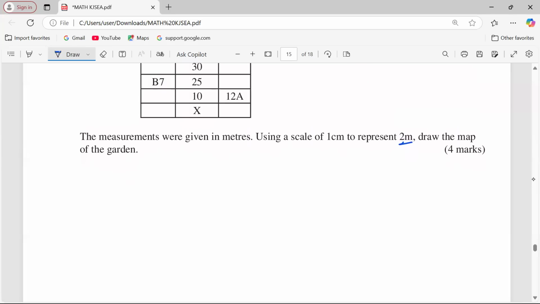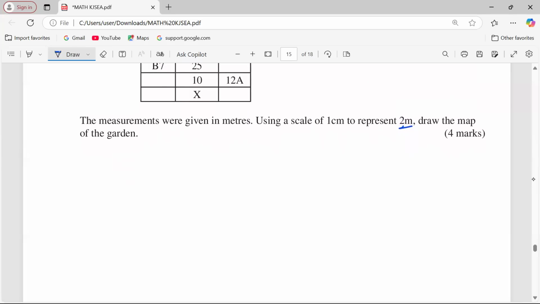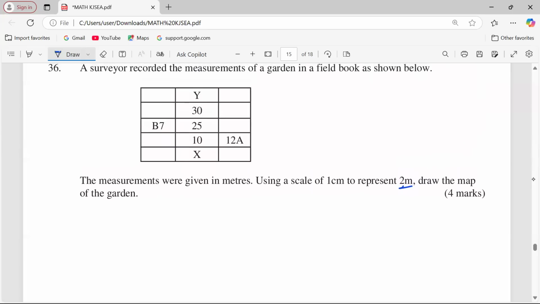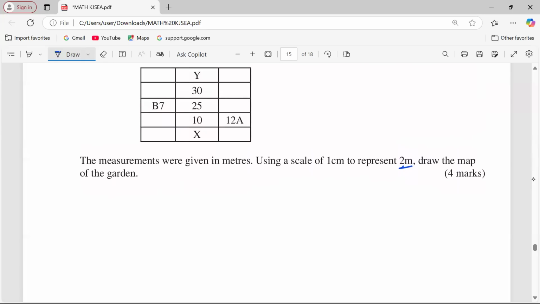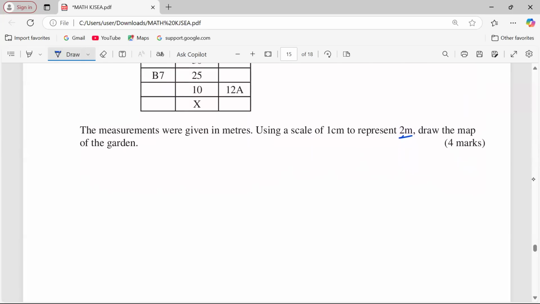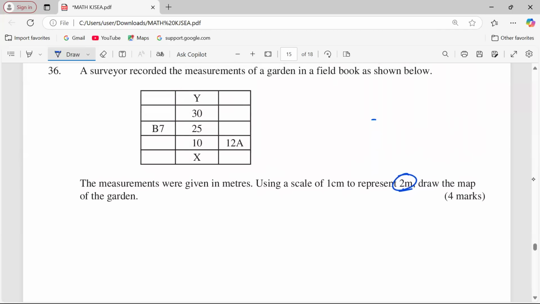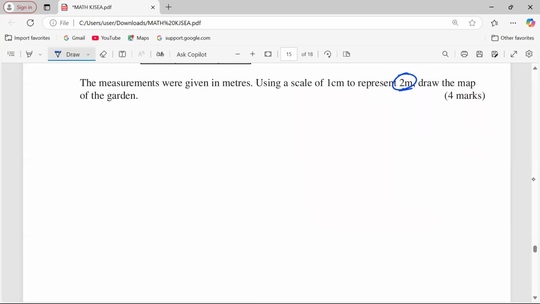Then we talk about the offsets. From X to Y, we have 30, and because of the scale provided, we will use 15 centimeters. So 30 meters will be represented by 15 centimeters. So we draw 15 centimeters first. We can draw it vertically or horizontally. In both cases, you get the same map.